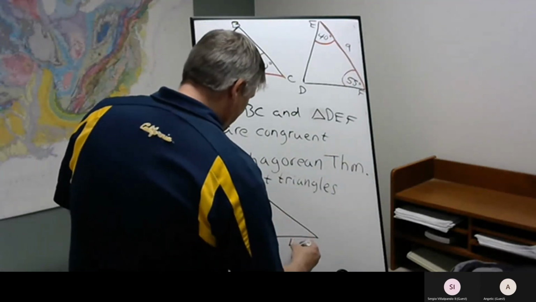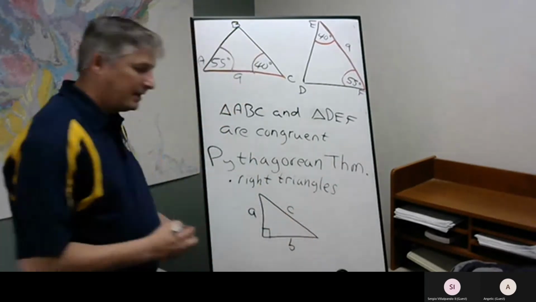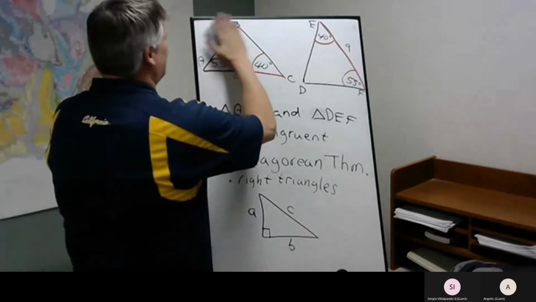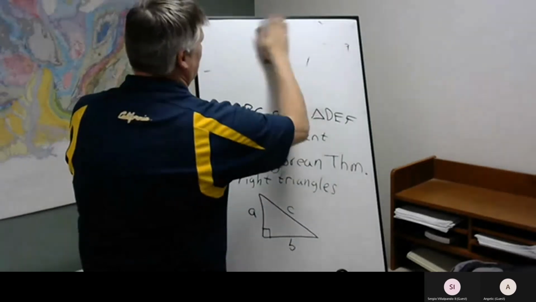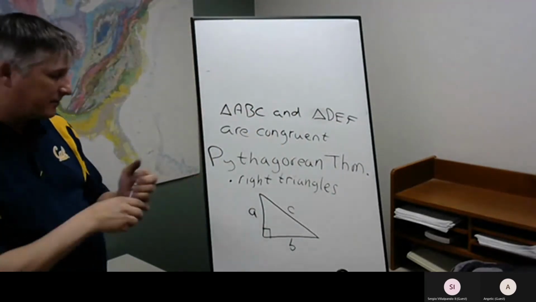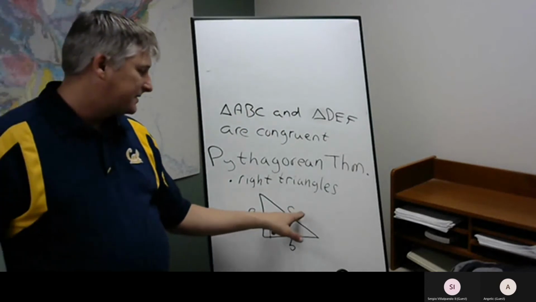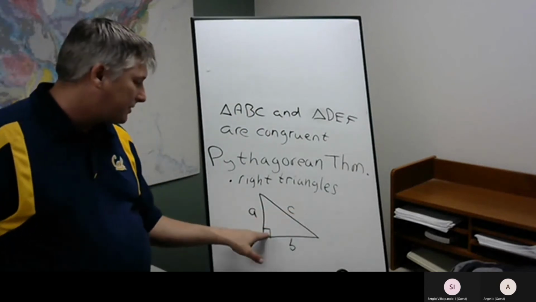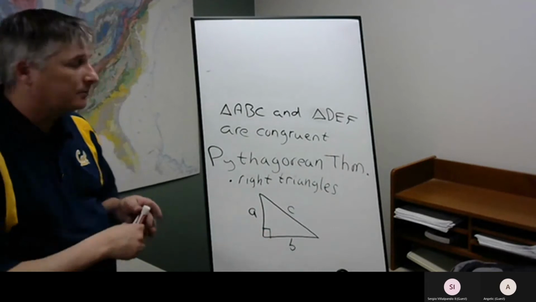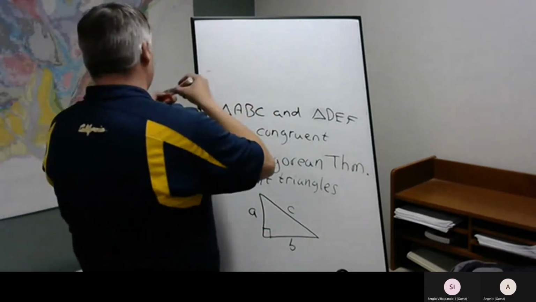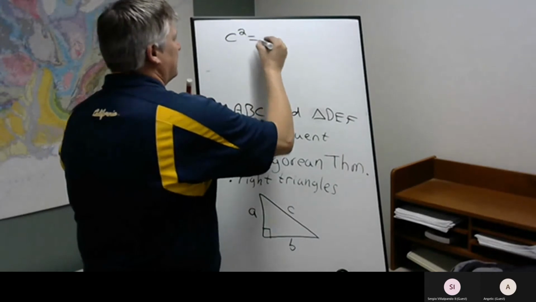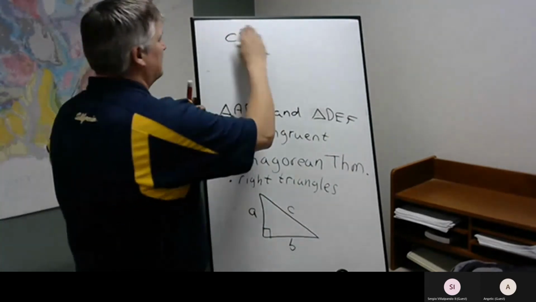Let's say that we have sides A, B, and C. Well, according to the Pythagorean theorem, the side that's always across from the 90-degree angle has a relationship to the other sides.